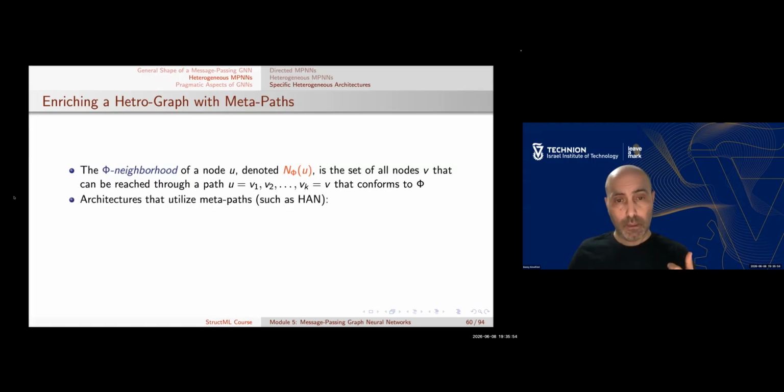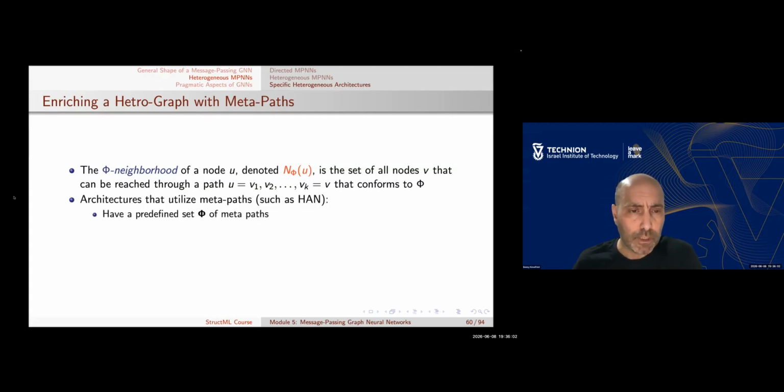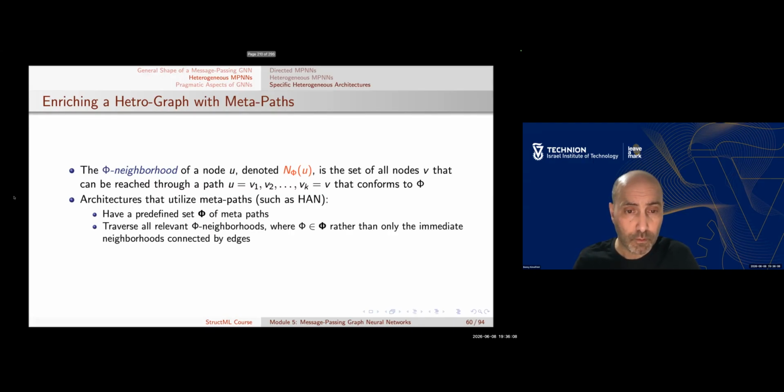There are several ideas in architectures that use metapaths. They usually have some predefined set, bold phi, of metapaths, and they traverse the relevant neighborhoods of every node.